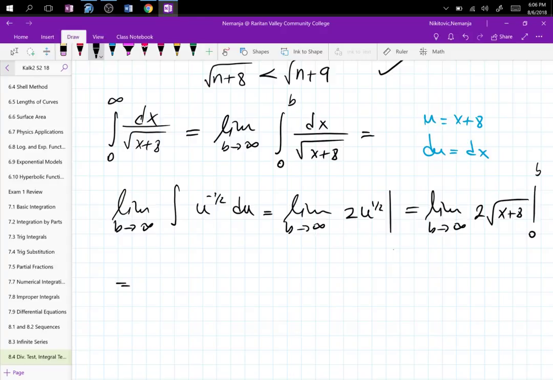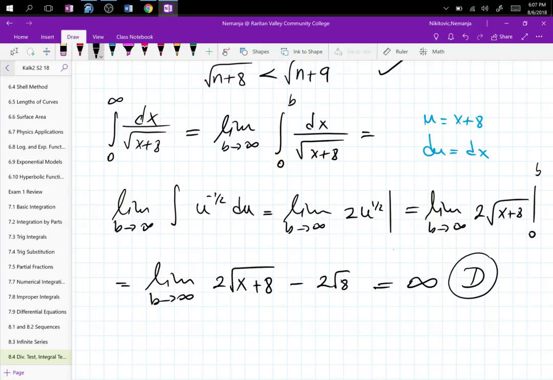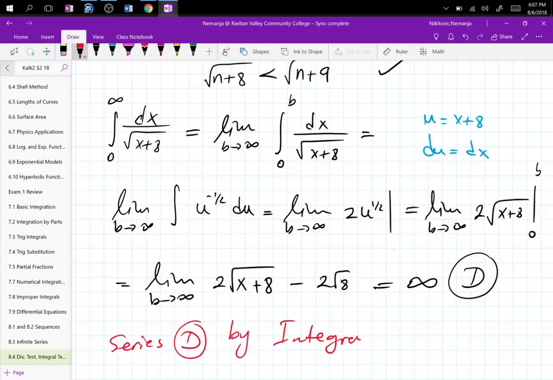So what do I have? I plug in b. This is going to be limit as b goes to infinity, plug in b, we have 2 times the square root of b plus 8, minus the next term, when I plug in 0, so it's just 2 root 8. That's infinity, diverges, so the series diverges by the integral test.